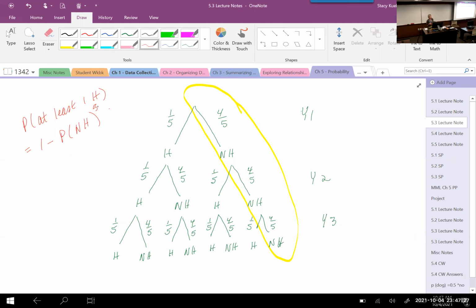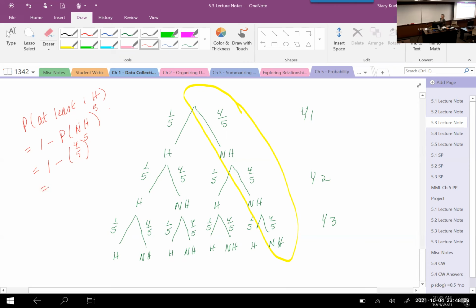The probability of at least one hurricane in the next 5 years becomes 1 minus the probability of no hurricane each year. So when we do at least probabilities, we're actually looking at the complement of the event not happening. All right.